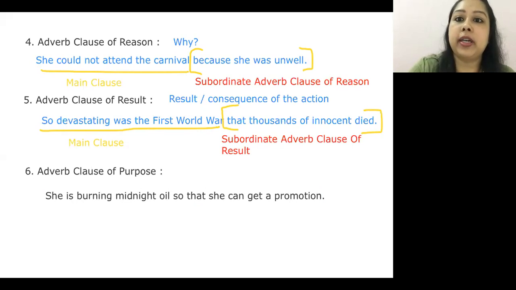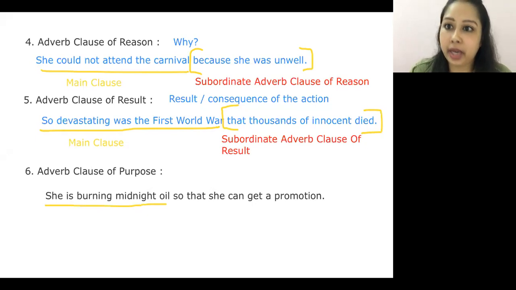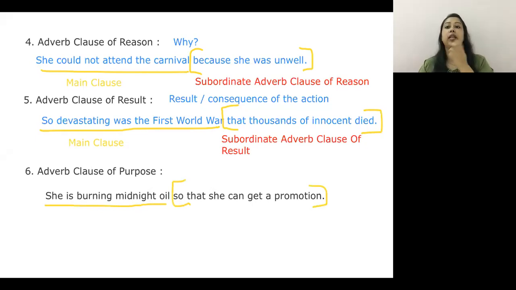Good, Shubhra. Good, Shriya. She is burning midnight oil is my main clause. So that she can get a promotion becomes my subordinate adverb clause of purpose.